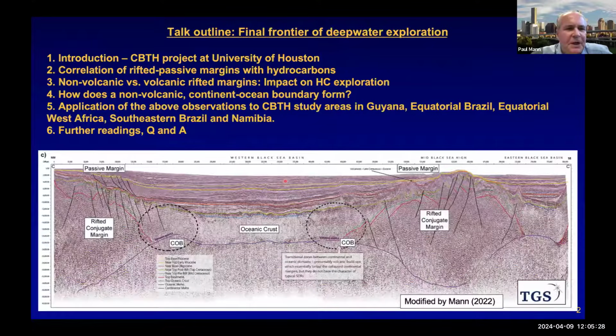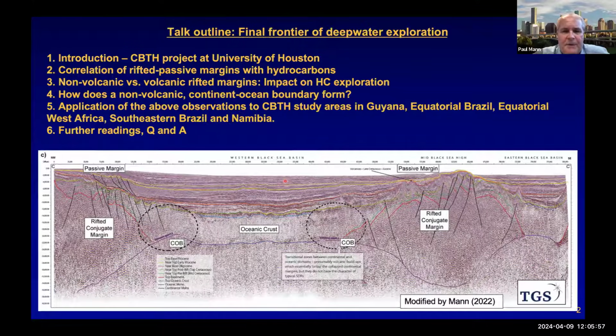Just to go through the talk outline, we've got an introduction. I'll talk a little bit about our project. Then I'm going to talk about the correlation of rifted passive margins with hydrocarbons. Then non-volcanic versus volcanic margins and how those impact hydrocarbon exploration. And then some basic stuff like how does a non-volcanic continent ocean boundary form?